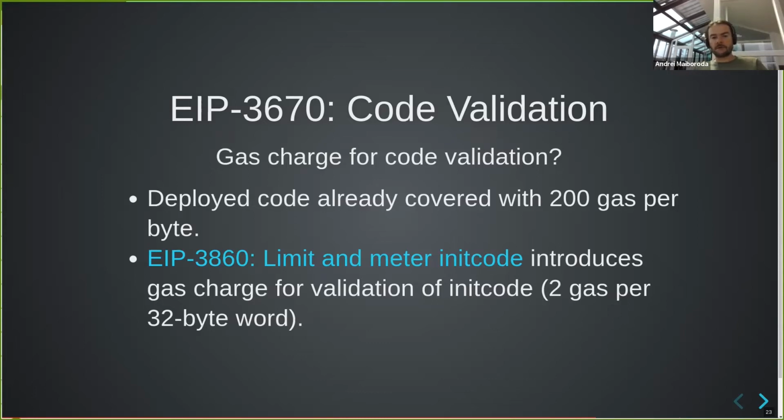But for init code, there is no such charge currently, and EIP-3860 is related to this. One of the motivations for that EIP is also to cover this case related to EOF. It has other benefits too, and it's useful by itself. But we are also very much in favor of activating it together with the EOF proposals because it will make it more secure to have this validation in place.